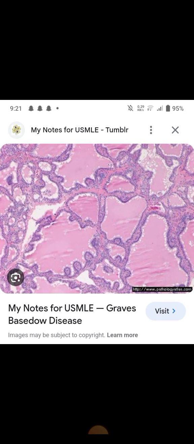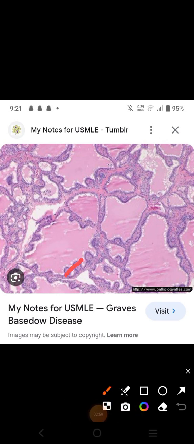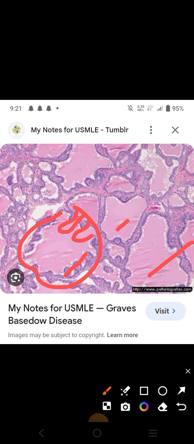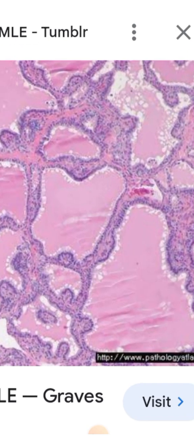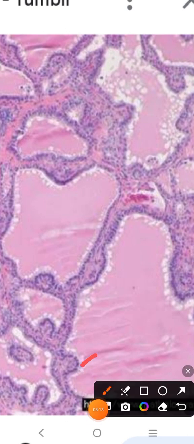In another slide, you can see that there is scalloping of the colloid. It is a follicle, but in this follicle the true papilla are projecting into its lumen, which results in the scalloping of the colloid as well. Here I must zoom. Maybe you can appreciate that the cells are somewhat tall or columnar.